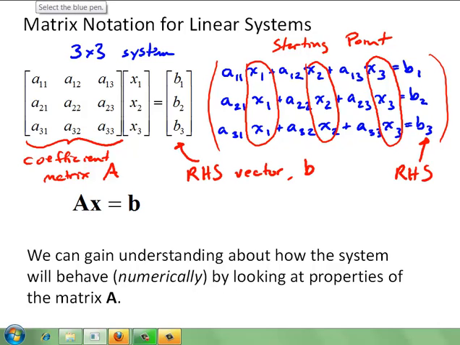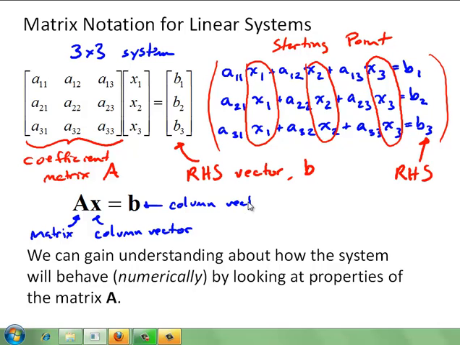And then we can write this in compact matrix notation by saying the matrix A multiplied by the vector, and again that's a column vector, x, is equal to the column vector B. And in that notation, note a capital A, capital bold means matrix, and the lowercase bold font would be a vector.